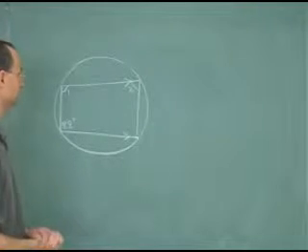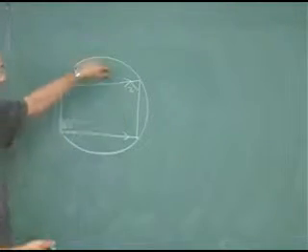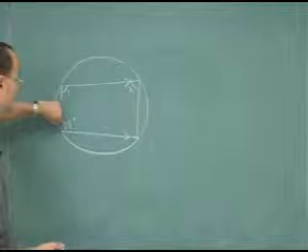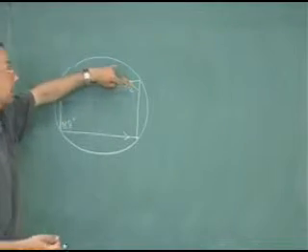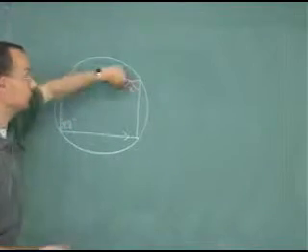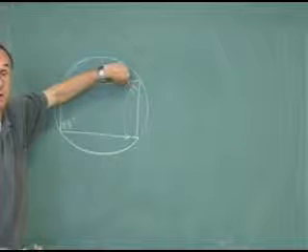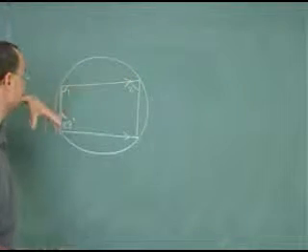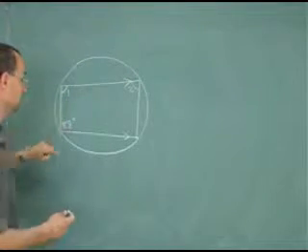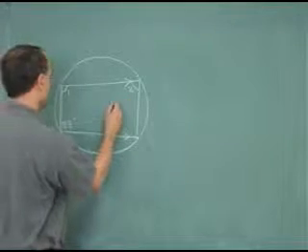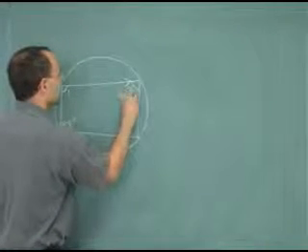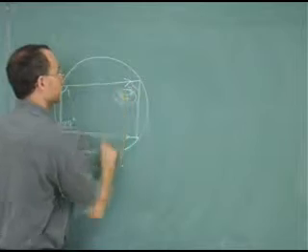So, first things first. This is a cyclic quadrilateral, therefore I could find angle 2 quite easily because these 2 angles have to add up to 180 degrees. So I'd go 180 minus 88, which means this angle over here is 92 degrees.